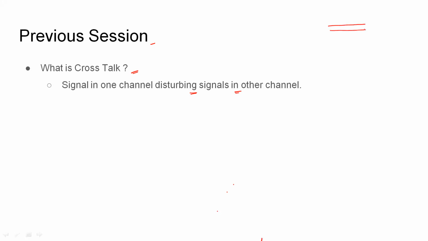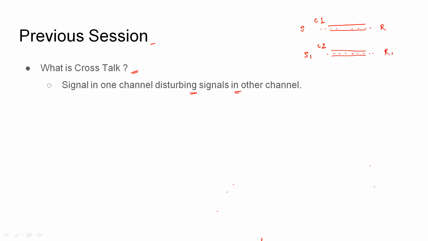We saw one diagram where we had two different channels. This is channel one, and this is channel two, and signals are transmitted like this. This is the sender and this is the receiver, and this is sender one and receiver one, and data goes like this.